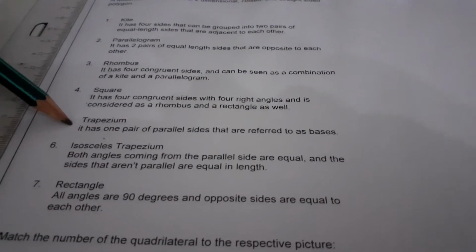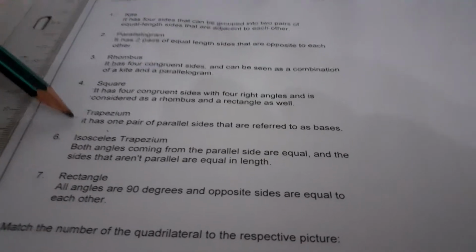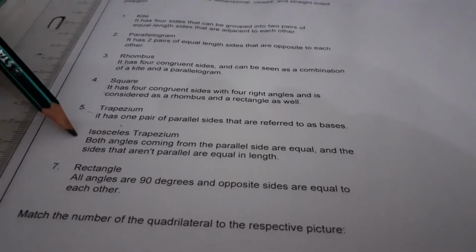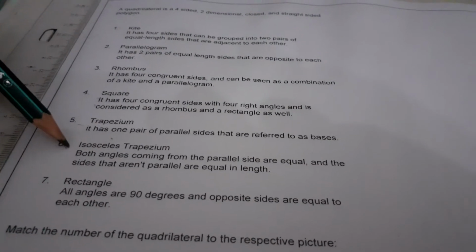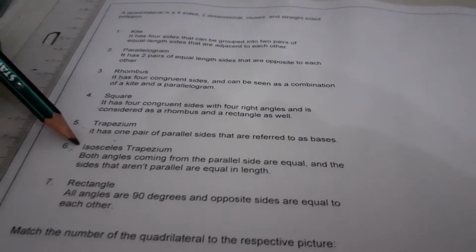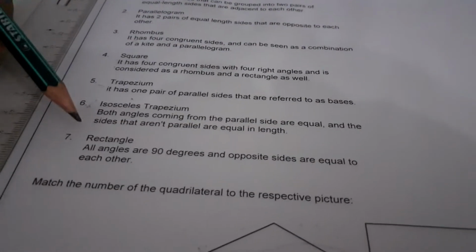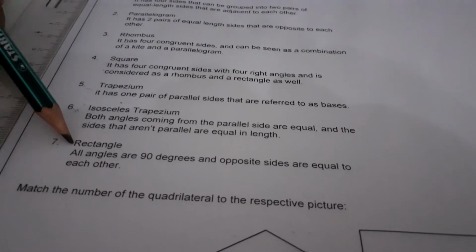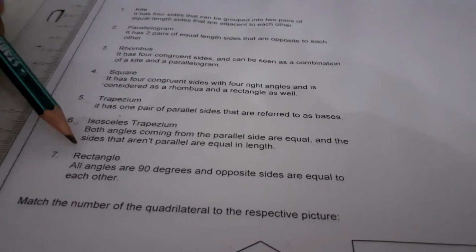It has one pair of parallel sides that are referred to as bases. Okay? Isosceles trapezium. Both angles coming from the parallel sides are equal, and the sides that aren't parallel are equal in length. And we have the rectangle. All angles are 90 degrees, and opposite sides are equal to each other.